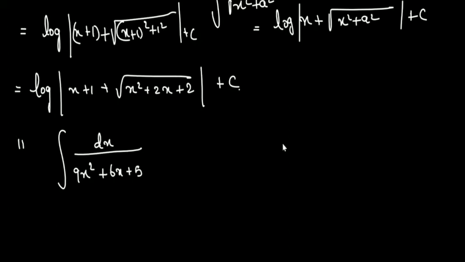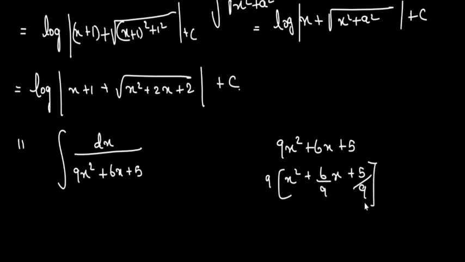To do that, take out 9 outside, because the coefficient of x square should be 1. So multiply and divide by 9, and you get x square plus 6 by 9 x plus 5 by 9.